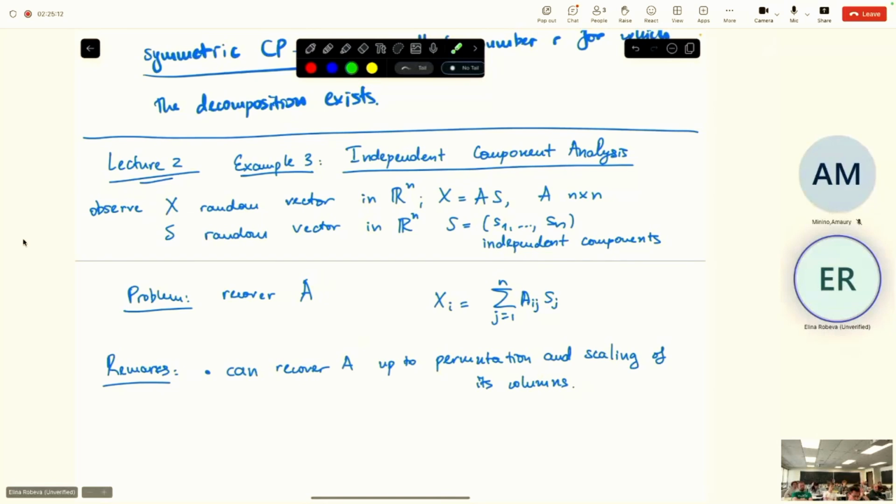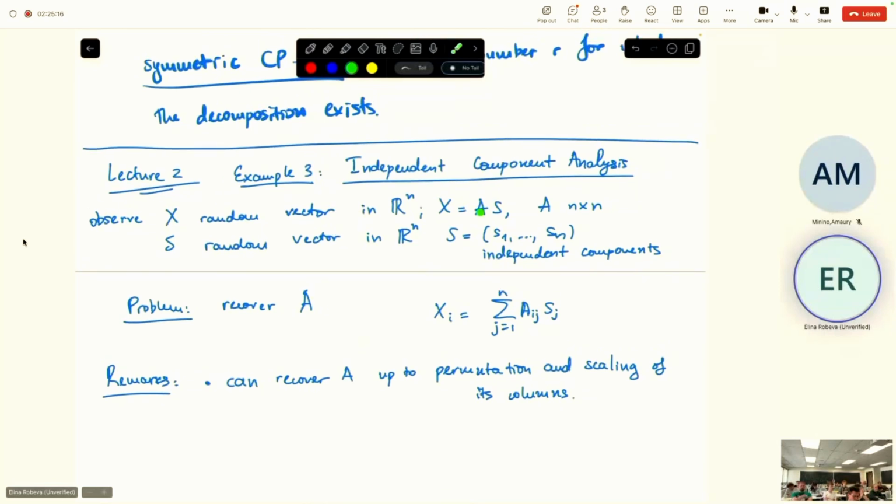That's just something that happens here. And scaling the columns of A means also rescaling the entries of s, and that's also not something we can determine. So recovering A uniquely really means up to permutation and scaling its columns.